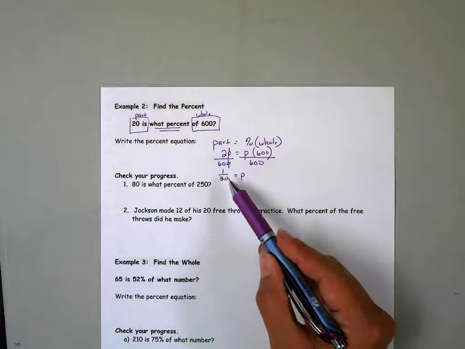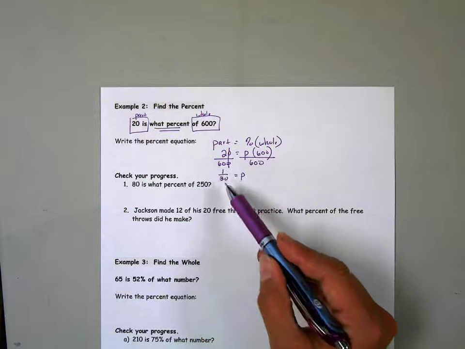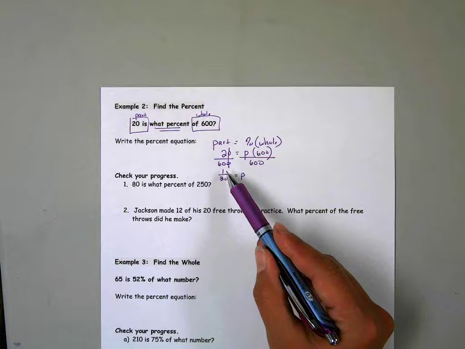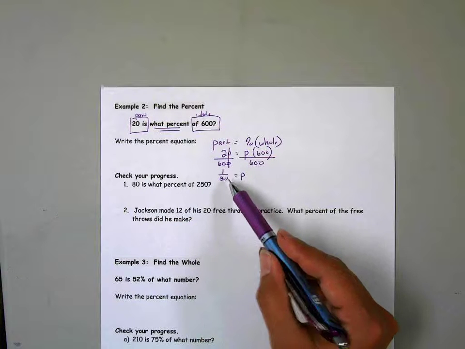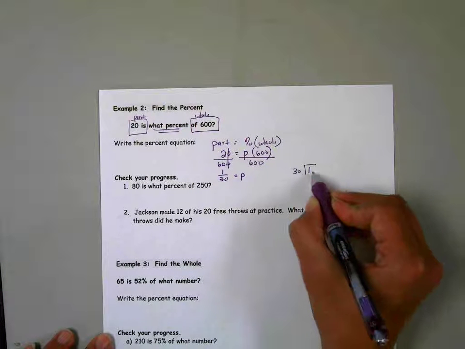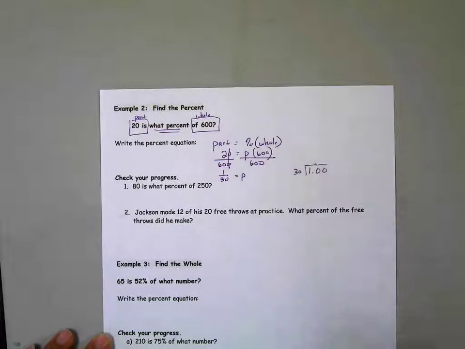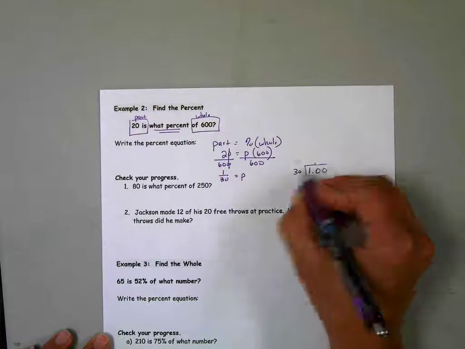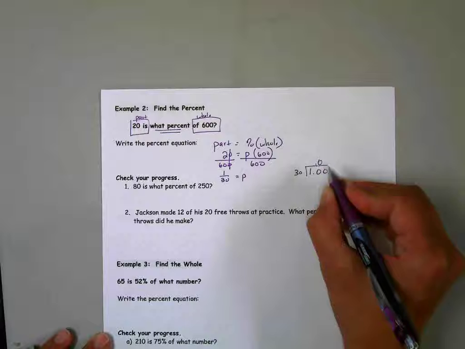I can make it a percent though. And remember, we've got to go back to our fraction, decimal, percent conversions. I can convert 1/30 by dividing 1 by 30. And if I do that, 30 does not go into 10, so I put a 0.